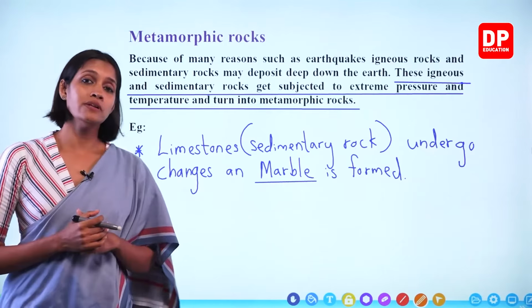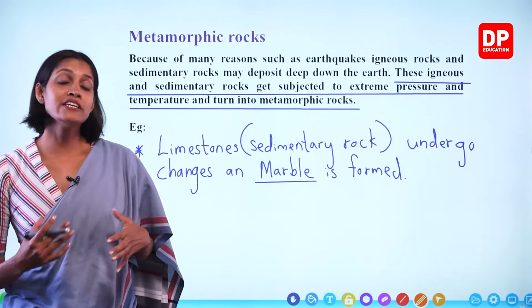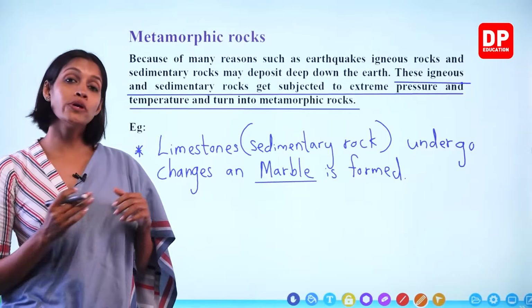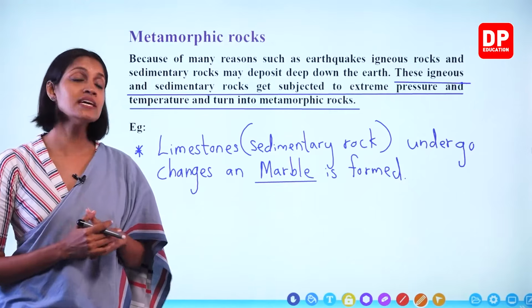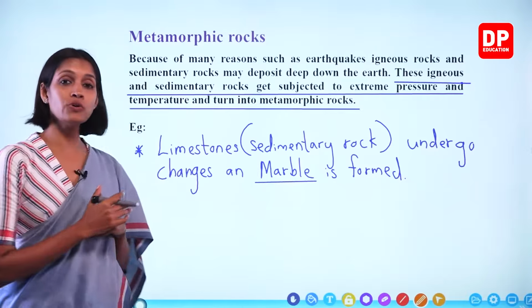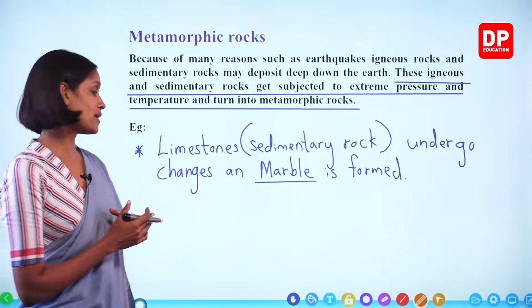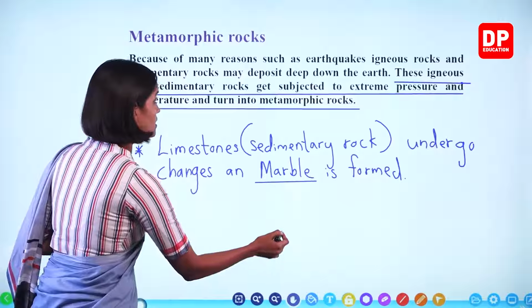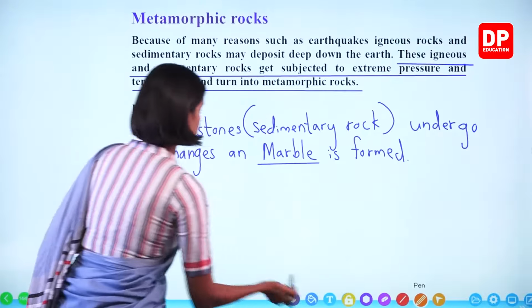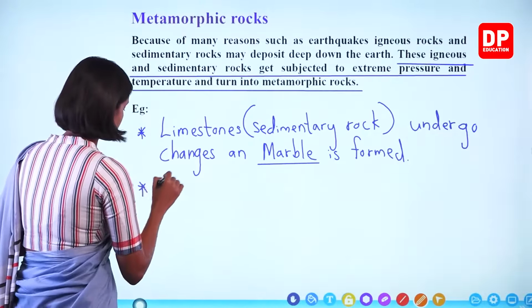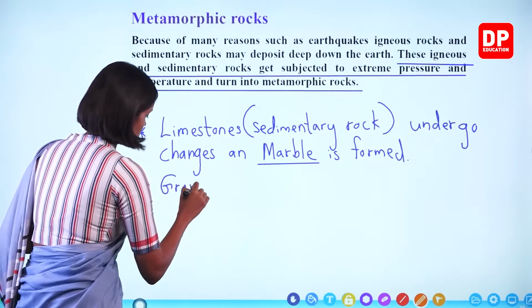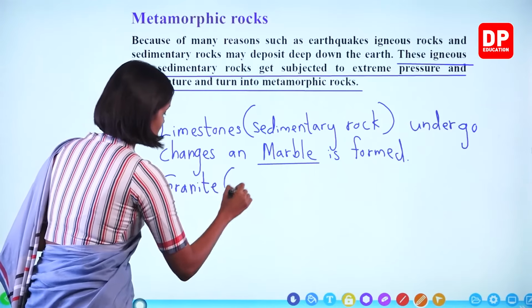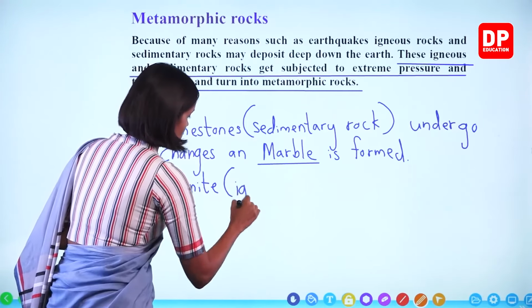Another example. Earlier we learned that granite is a type of igneous rock. Now in the same way, when granite undergoes changes, a metamorphic rock called gneiss is formed. We'll write that as well. Granite. Granite is an igneous rock.